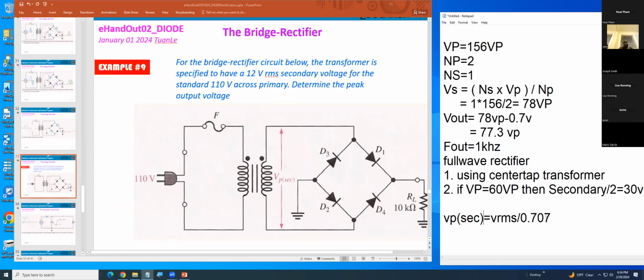So basically, they have to be equal 12 divided by 0.707 equal 16.9. We pick that.